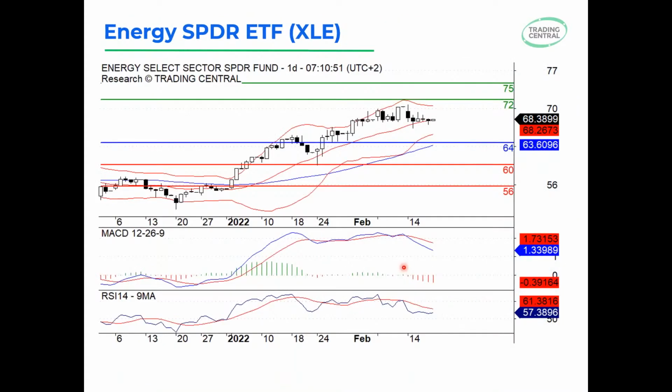Now, talk about the energy sector. This is a quite large sector fund, Energy SPDR ETF, the stock ticker is XLE. I also mentioned this in the last webinar. This updated chart shows that it is still holding well on the upside, above the 20-day moving average.